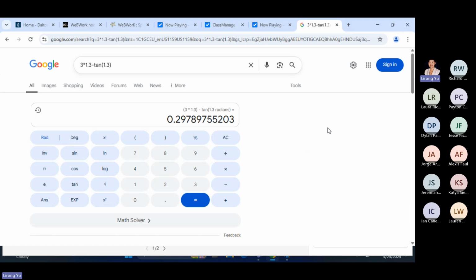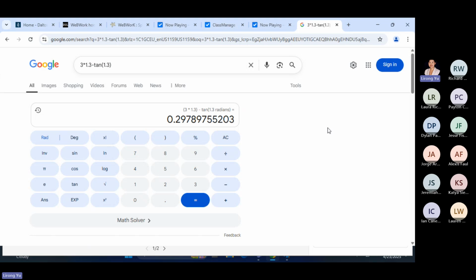Are we okay? You probably need your own calculator. Of course, during the test, you cannot use Google. But you're going to do what I did, which is pick up your calculator and go 3 times 1.3 minus tangent of 1.3. Make sure your calculator is in radian mode.